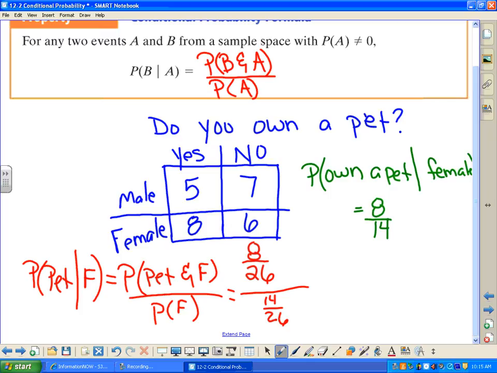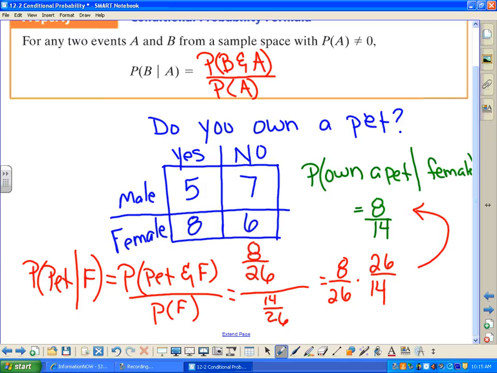The nice thing about this is they both have the same denominator, right? And you know when you divide two fractions, it's just like multiplying by the reciprocal. So we have 8 over 26 times 26 over 14, which is 8 over 14, which is exactly what we did before.